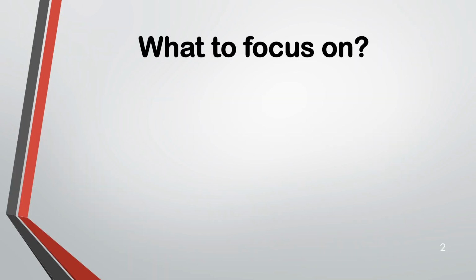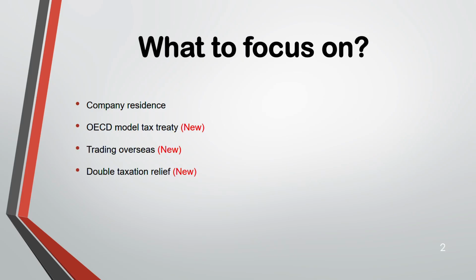Now here we are going to focus on company residence. We did a similar thing when we did income tax for individuals, to identify the residence, domicile, deemed domicile, things like that. Now, new in ATX is the OECD model tax treaty, trading overseas, double taxation relief, planning situations, and summary.